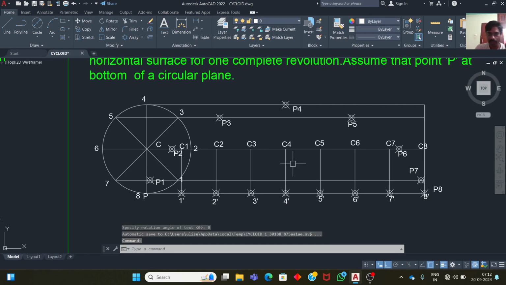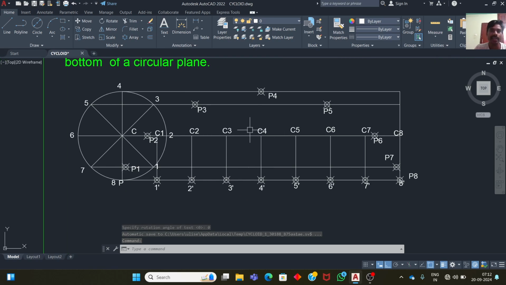Okay, we get all 8 points. So by joining these points, we will get the cycloidal curve.